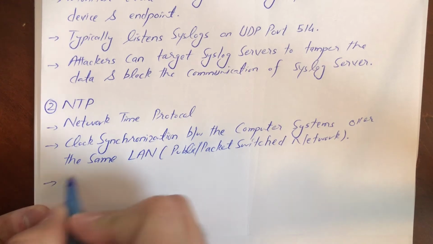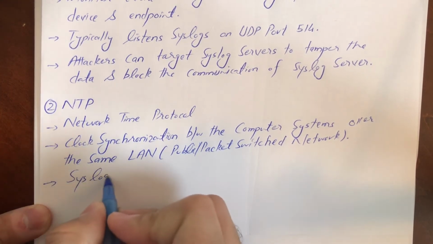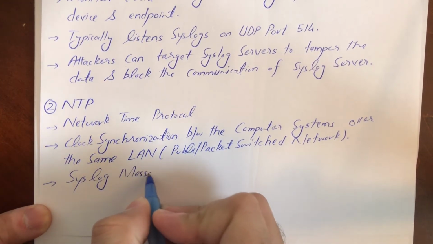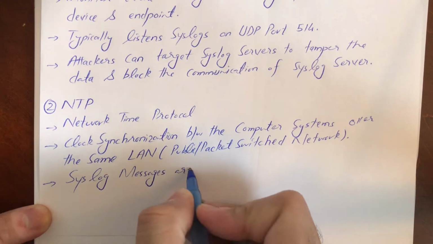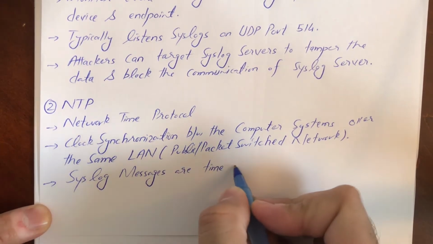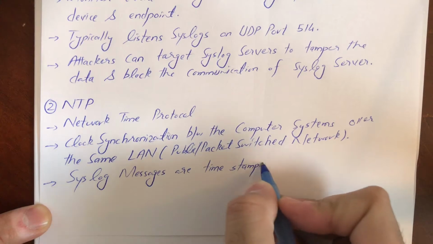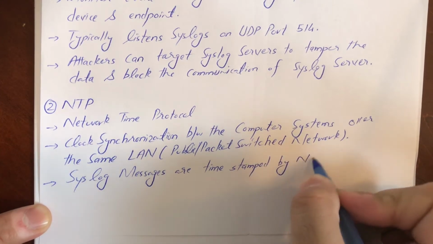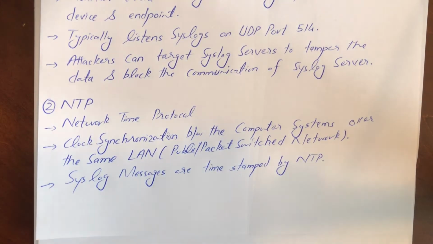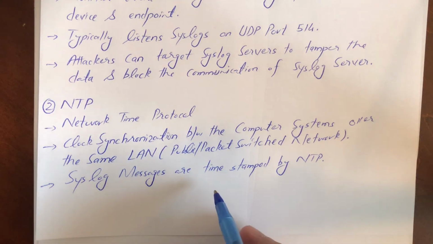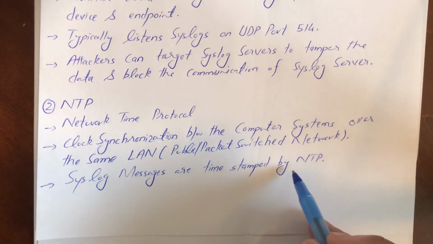And all these syslog messages are timestamped by NTP. So these are timestamped. So again, syslog messages, as I mentioned earlier, these are basically event messages. For example, if any event occurred, like alert, anomaly occurred, or anything like that, a syslog message will be generated by the network device, which will be timestamped.